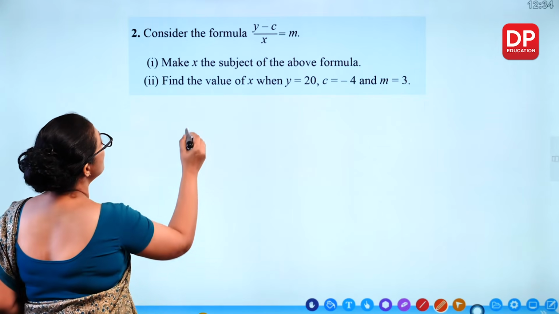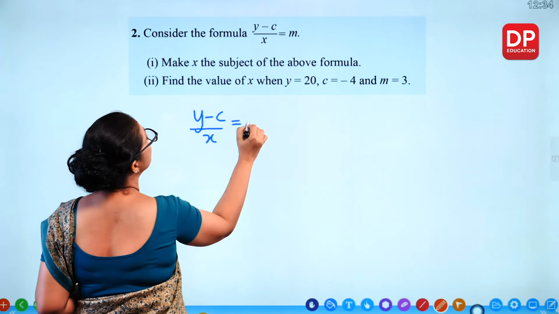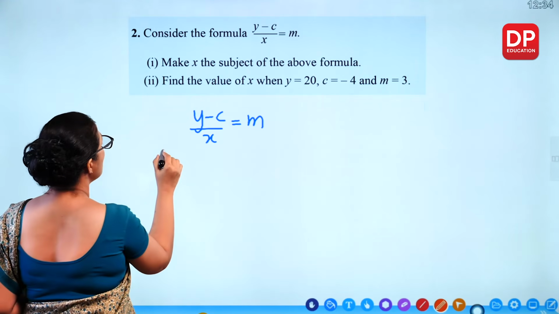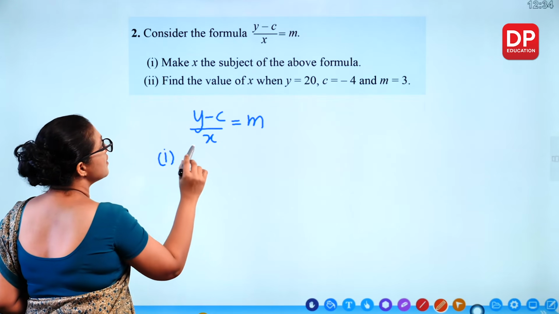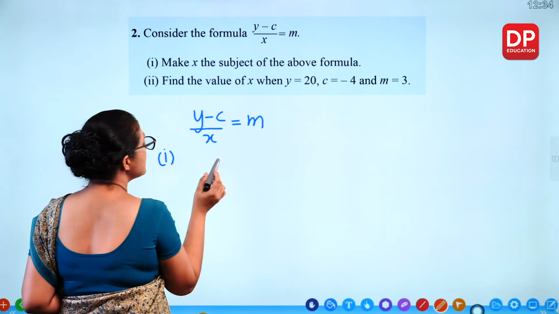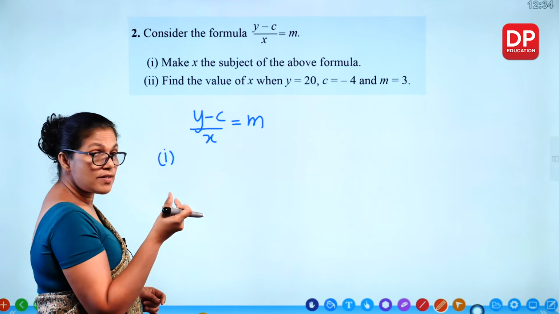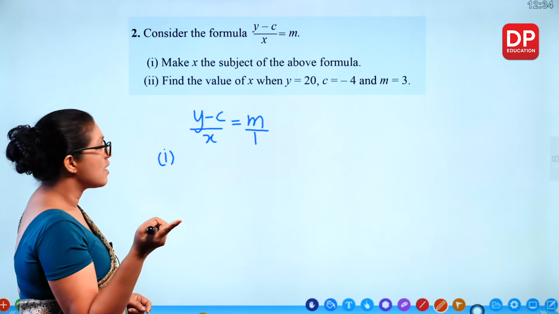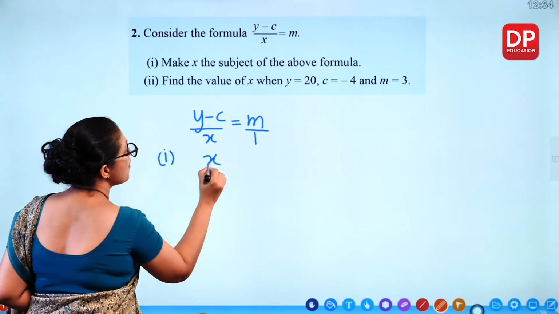Consider the formula (y minus c) over x equals m. Make x the subject of the above formula. I can multiply both sides by x, or I can take the reciprocal. X is in the denominator. How can you take it to the numerator? Take the reciprocal, upside down.